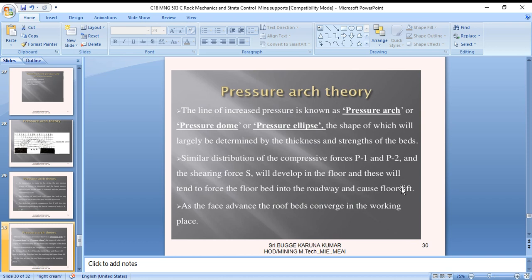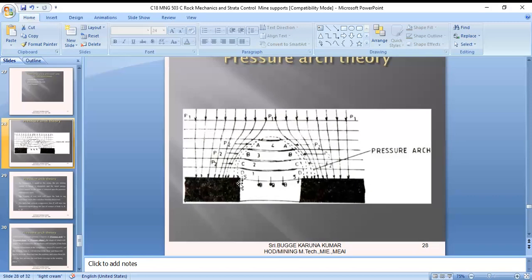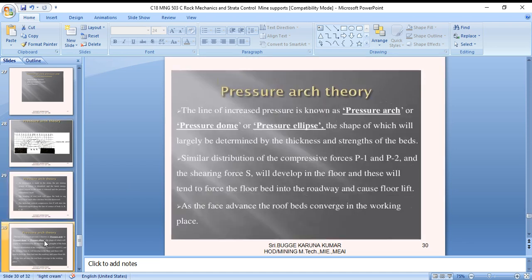location. The shear forces are happening at the junction. This is S, as indicated. So because of the forces they tend to fail here. Most of the corners will fail due to the vertical and horizontal forces. So that is showing you the floor, and these will tend to force the floor beds into the roadway and cause floor lift.